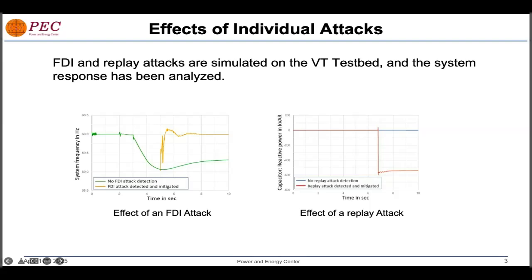On the other hand, we also consider the replay attack, which means that the attacker would try to capture the authorized data, keep it for some time, and send it to the system later, causing misunderstanding to the system operator. We have simulated those attacks in our test bed, and then we plot the response of the system as shown in the figure here.